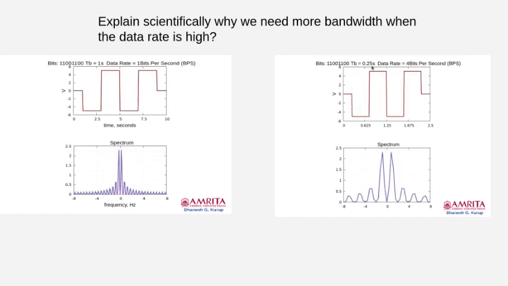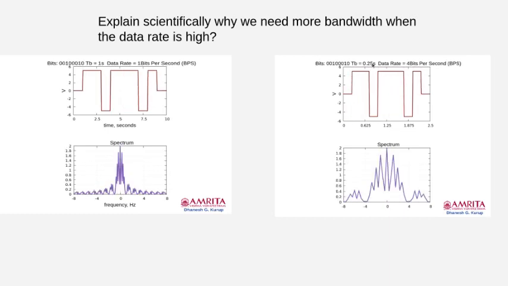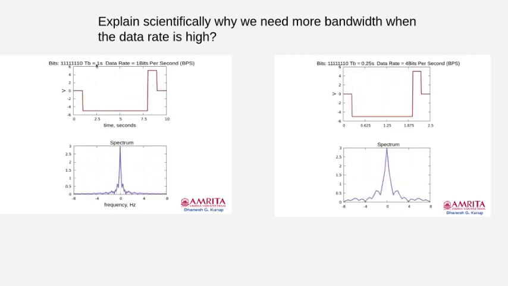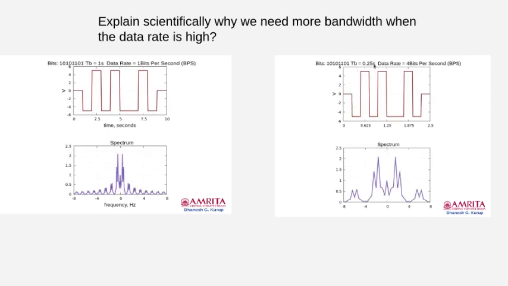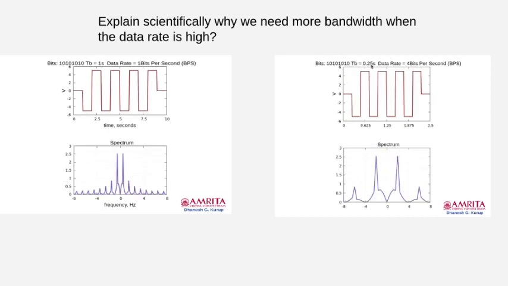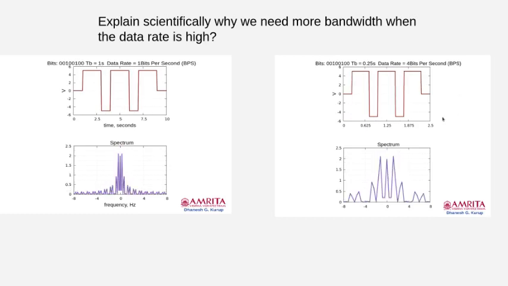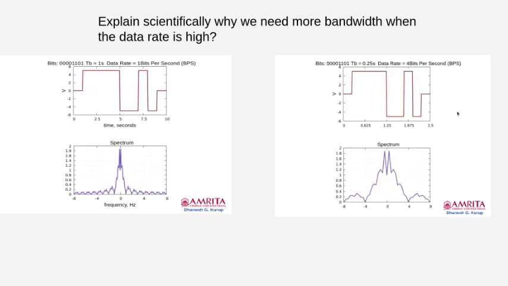So the time duration for 1 bit must be smaller than 1 second on the left side, right? In this case, it is 0.25 seconds. Which means the right side picture has a larger data rate.